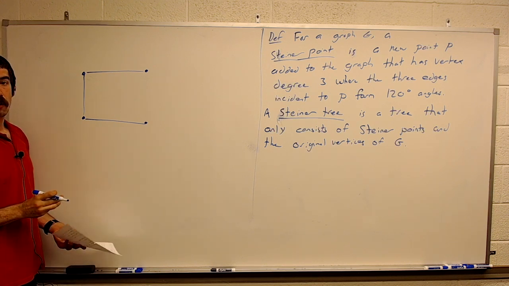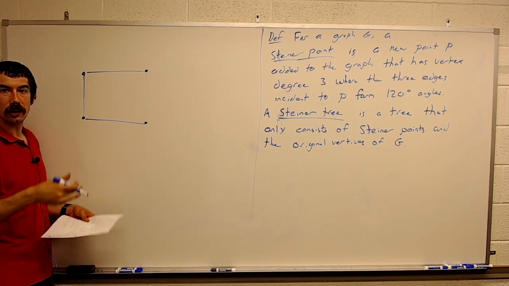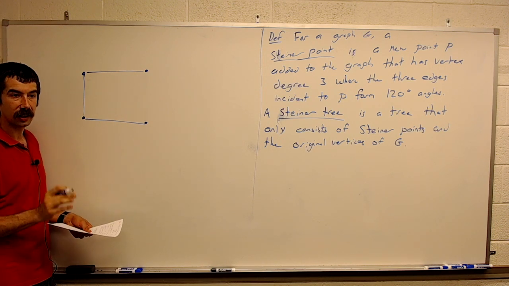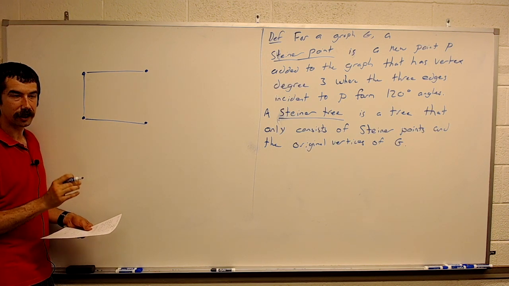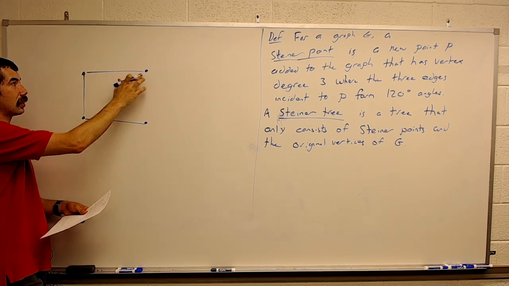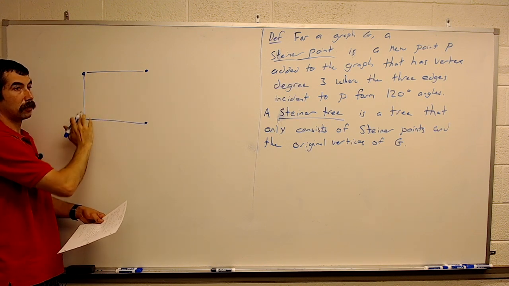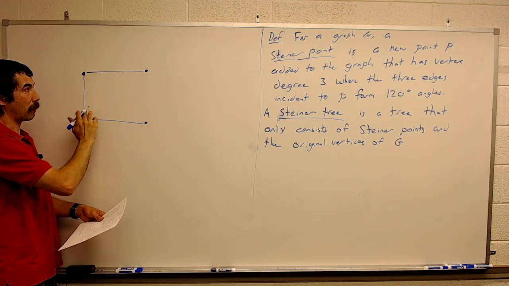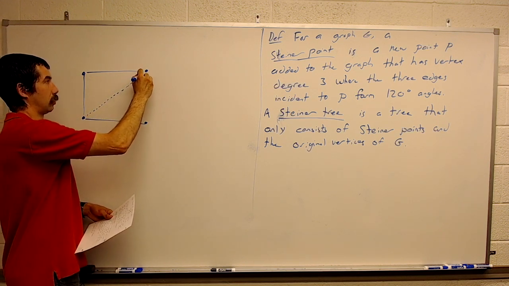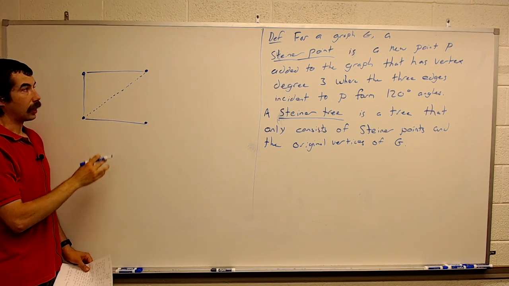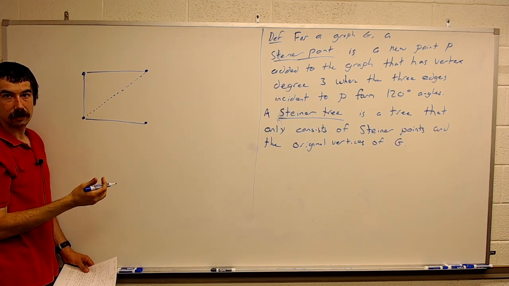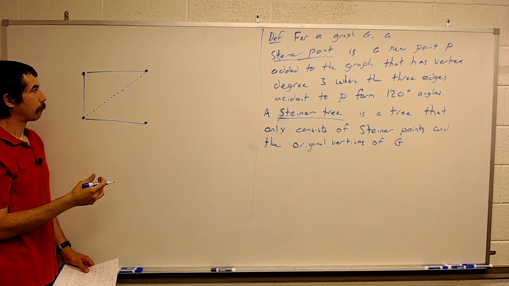Okay? And so what do we do? We're going to be looking for triangles inside of our graph where all of the angles are less than 120 degrees. We would take 3 vertices that basically form a path, and we're going to put a phantom edge here. With this triangle, we're going to find the Fermat point.